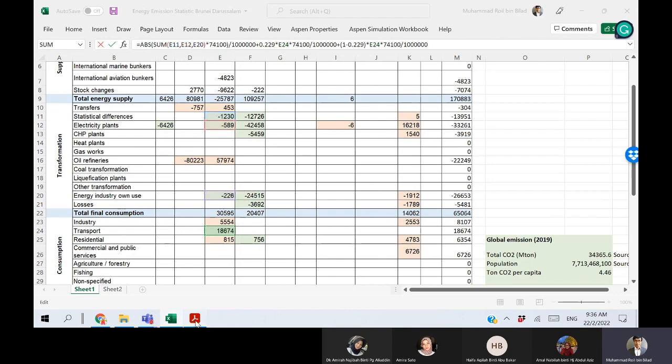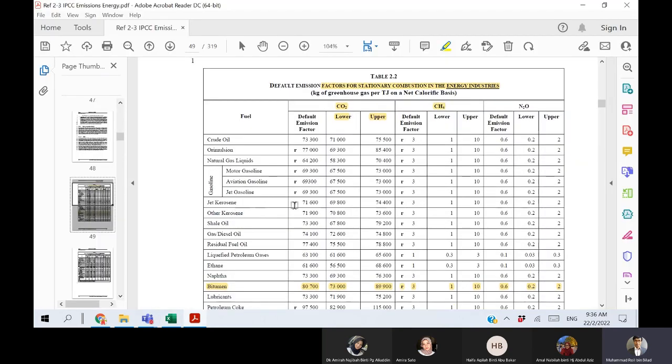If you look into the table, there are a lot of different oils: jet kerosene, other kerosene, crude oil itself, emulsion, and different types of gasoline. But because I know most power plants use diesel fuel, I use diesel fuel and then I use this data.